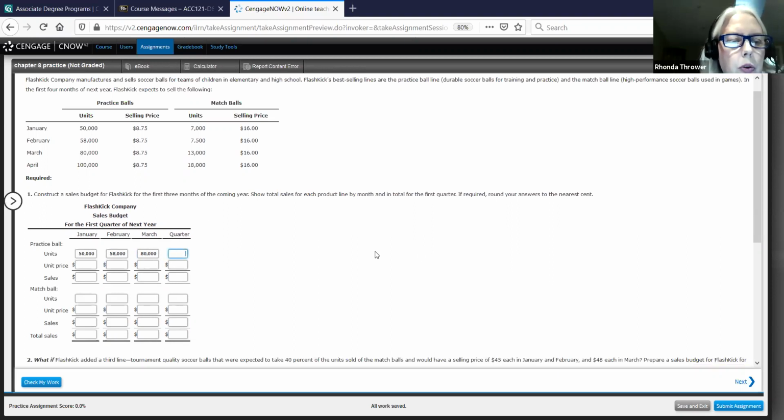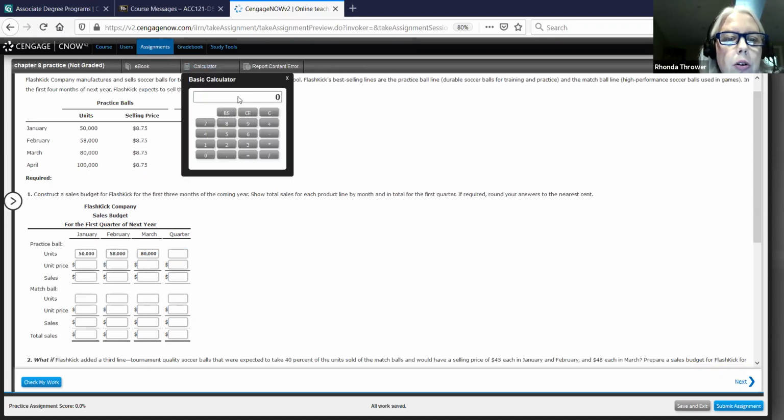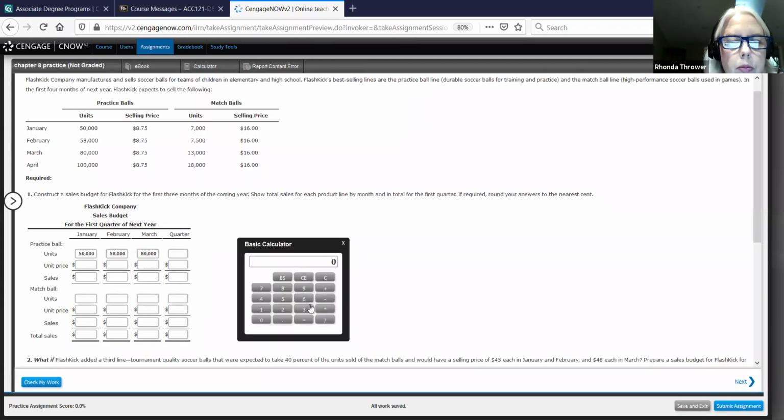And then you total up for the first 3 months, which is the first quarter of the year, the amount of units that you're expecting to sell. So 50,000 and 58,000 is 108,000 plus 80,000 is 188,000.